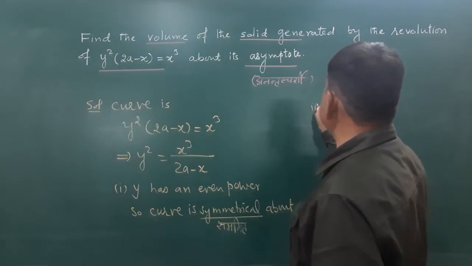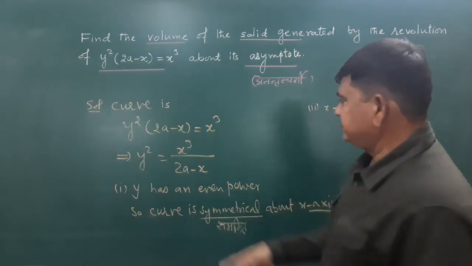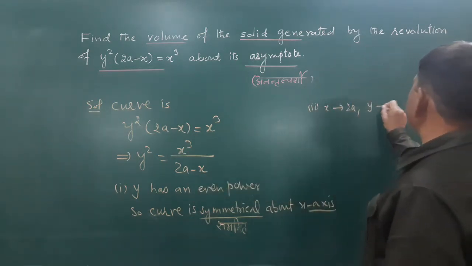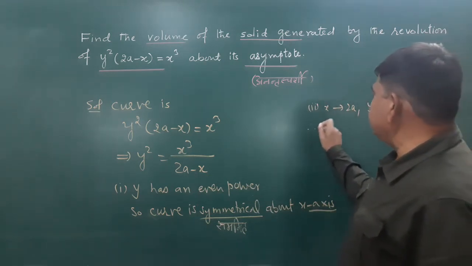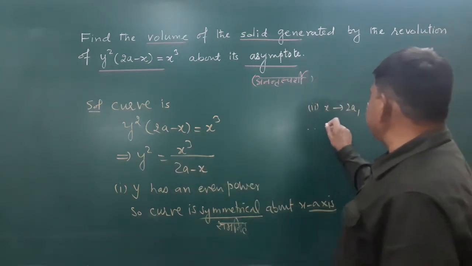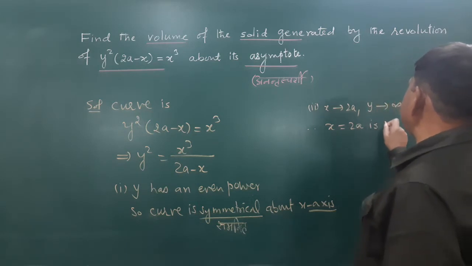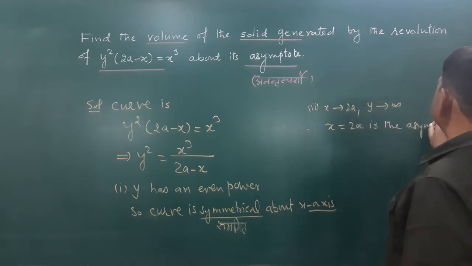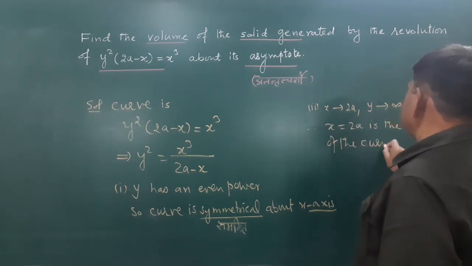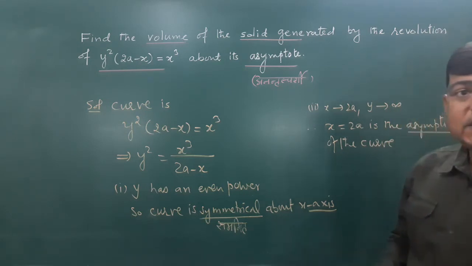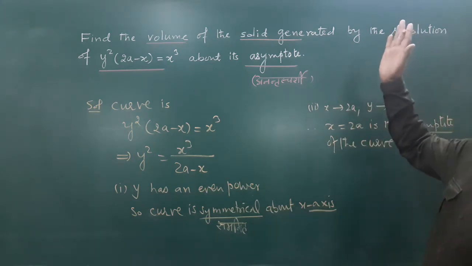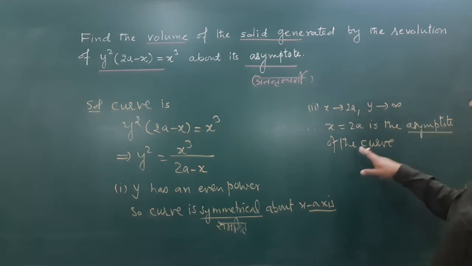सेकंड, x tends to 2a, the denominator x tends to 2a, y tends to infinity, therefore x equals to 2a is the asymptote of the curve. जैसे जैसे x 2a के नजदीक जाएगा y जो है वो किसको टेंड करेगा? इन्फिनिटी को। सो x equals to 2a is the asymptote of this curve.